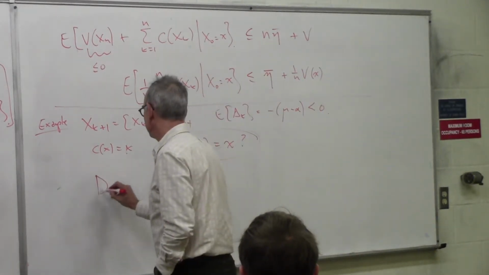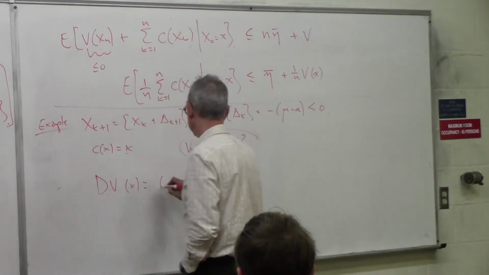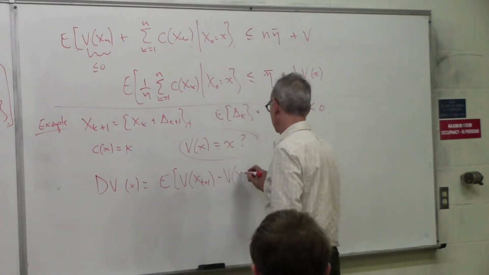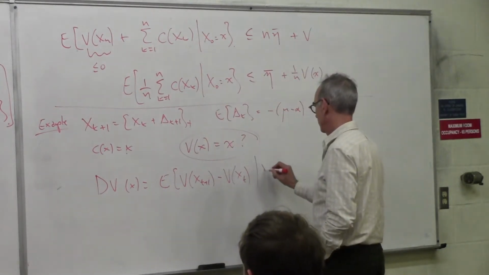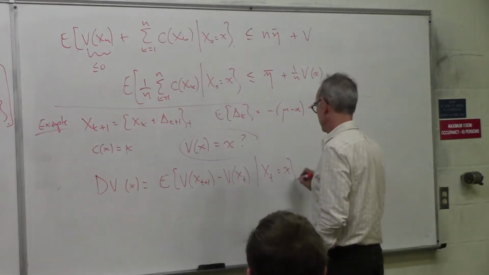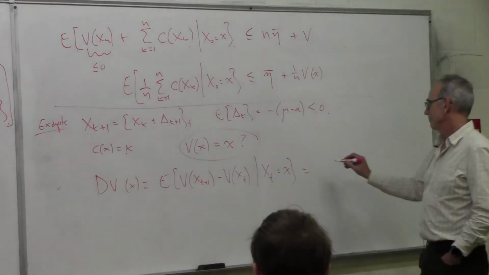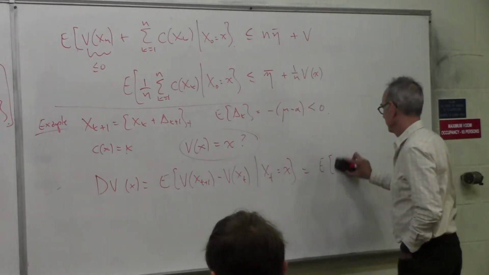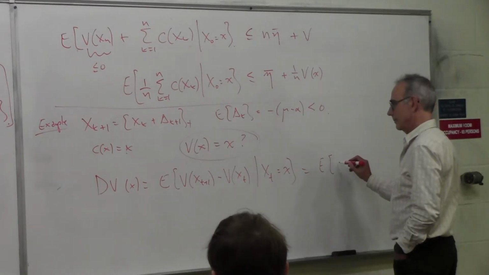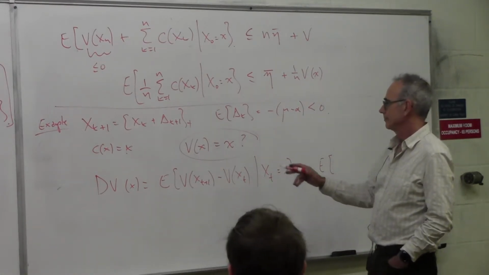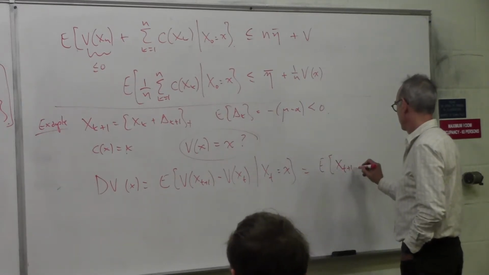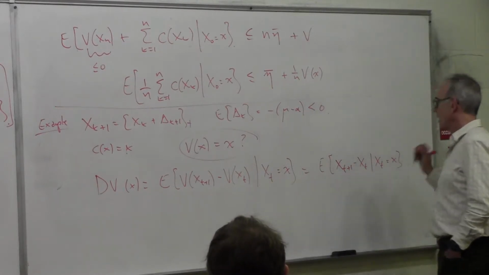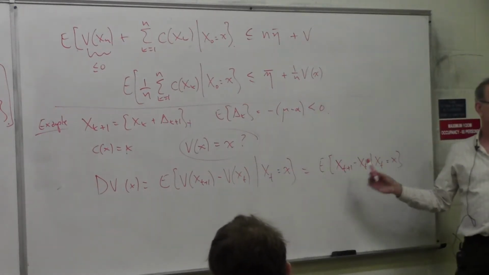If we look at dv, so v of x equals x. So just look at the increments.